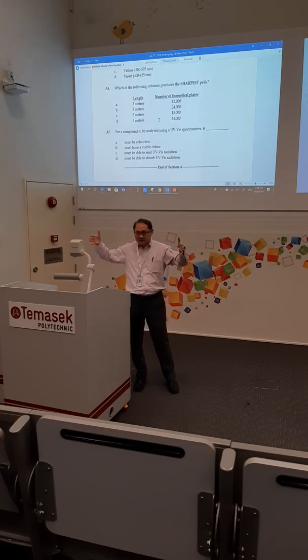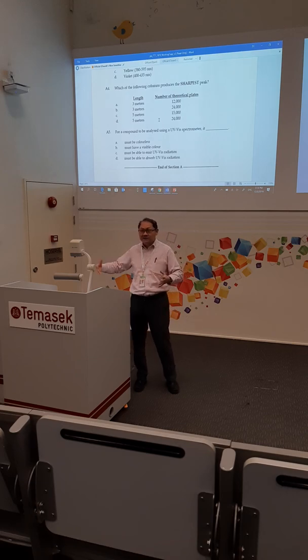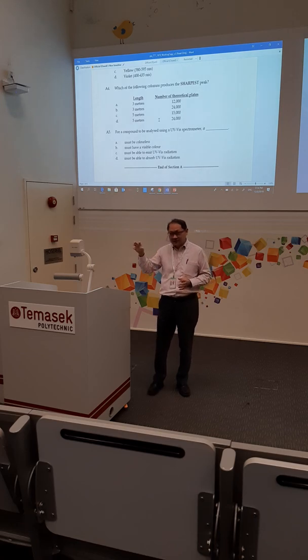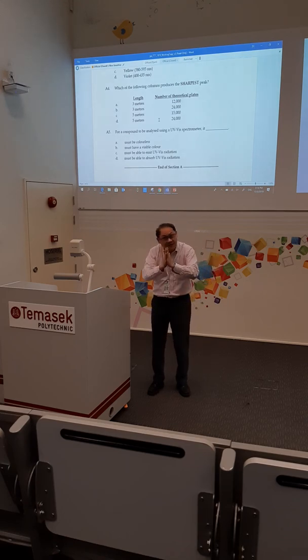If the column is shorter, the compound can travel through the column in a shorter time, which means the speed of travel is faster. The detector is the eye. When the thing travels faster, the shape is going to be compressed, so it's sharper.